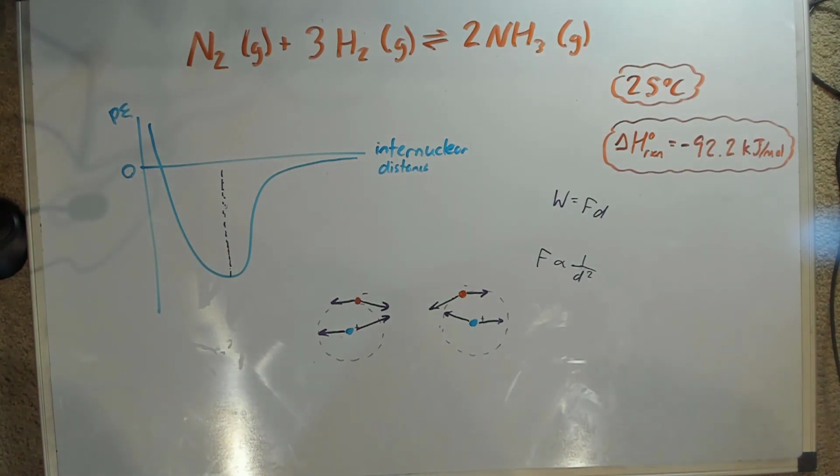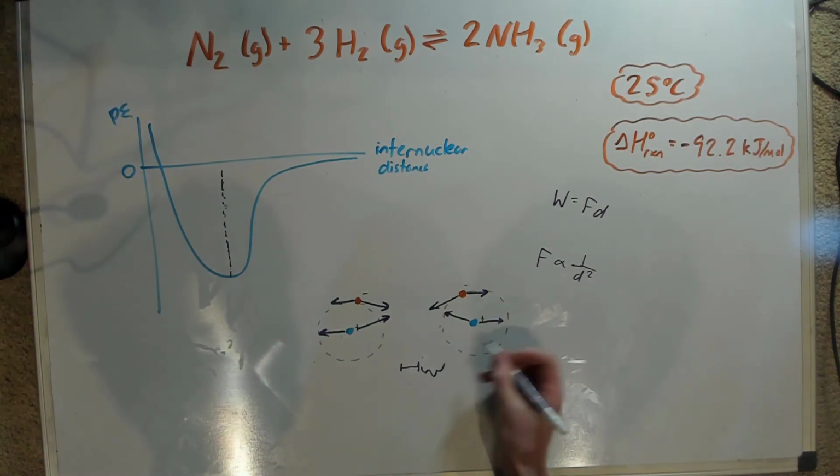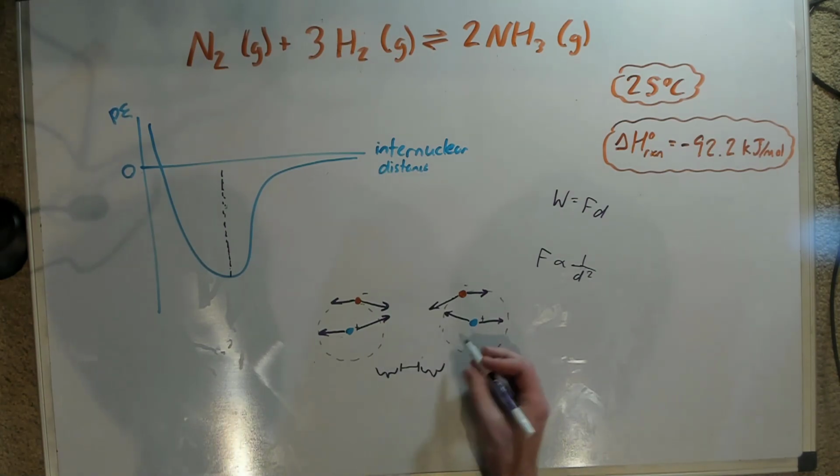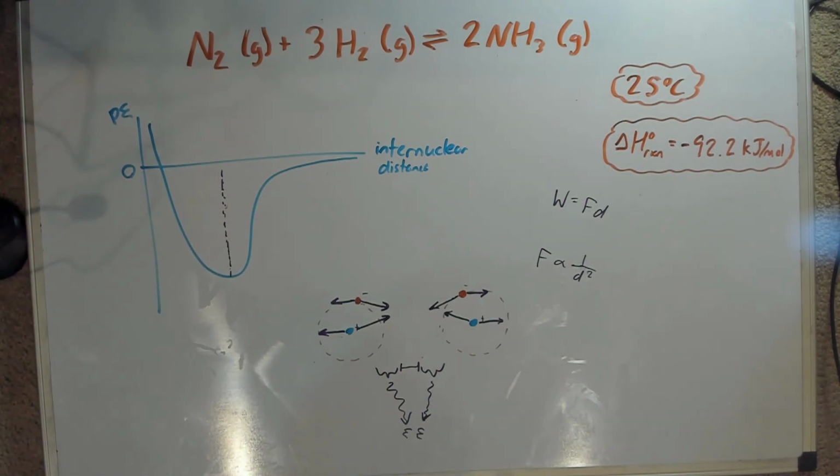So that means as these things get closer together, let's say that this here is the amount that it wants to go to. When they reach that, it means that the amount of distance traveled there and the amount of distance traveled there, you see a release of energy out that way. So because there's a release of energy out that way, that means that when bonds form, it's releasing energy.